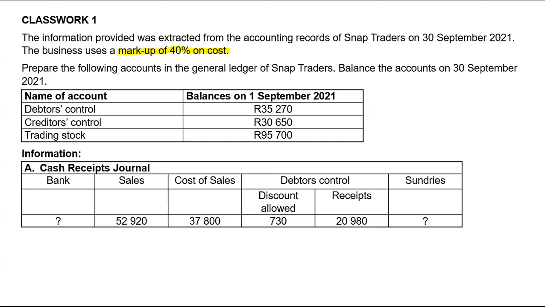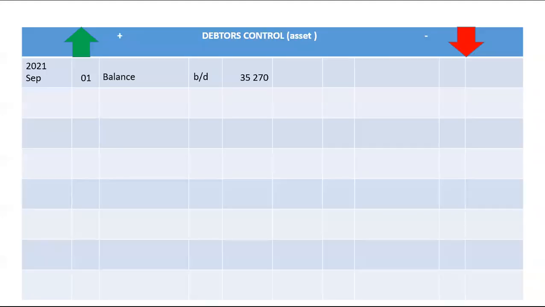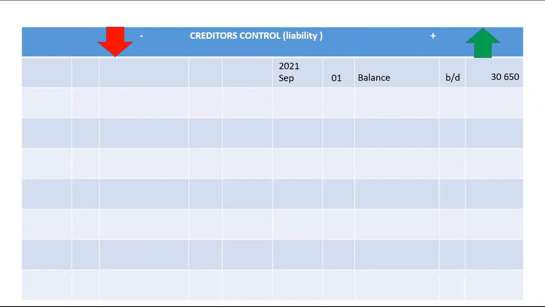I've already recorded that for you as I showed you in the previous video. So you will have these balances for trading. For debtors control is 35,270. For trading stock, it's 95,700. And for creditors control is 30,650.